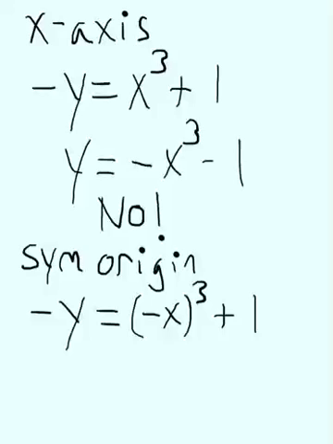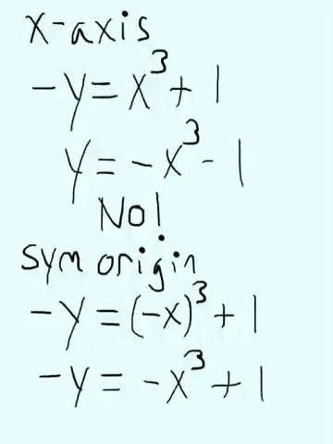Upon simplifying this function, you get negative y equals negative x cubed plus 1. But no matter what you do to that equation, you cannot make that look like the original equation. So this one turns out it does not have origin symmetry either.